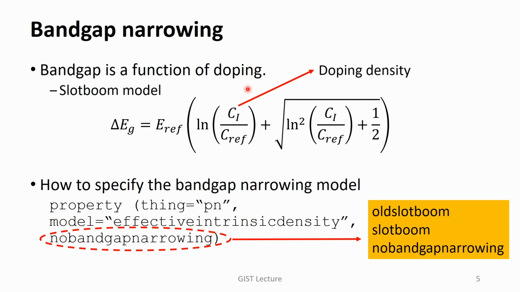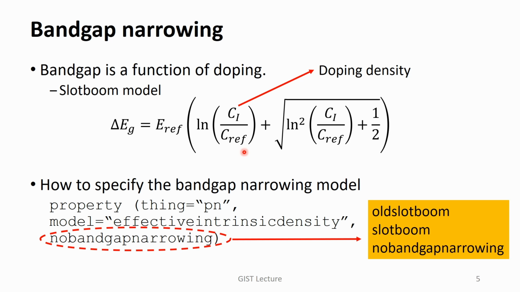There are several models on this effect, but in the G device, only the Slotboom model is implemented. This model calculates the amount of bandgap narrowing using this formula. When the doping density is high, the bandgap narrowing is proportional to the log of doping density.